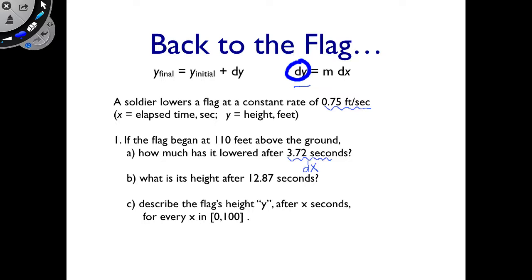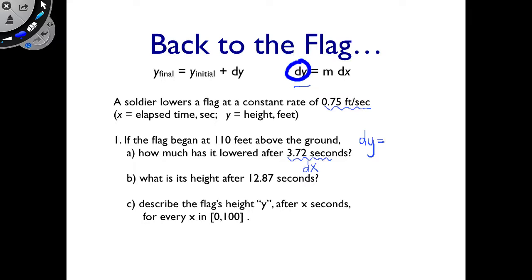But this is an amount of change in time, and how much it lowered during those 3.72 seconds is a corresponding value of dy. So my dy, the thing I'm looking for, would be m times dx.